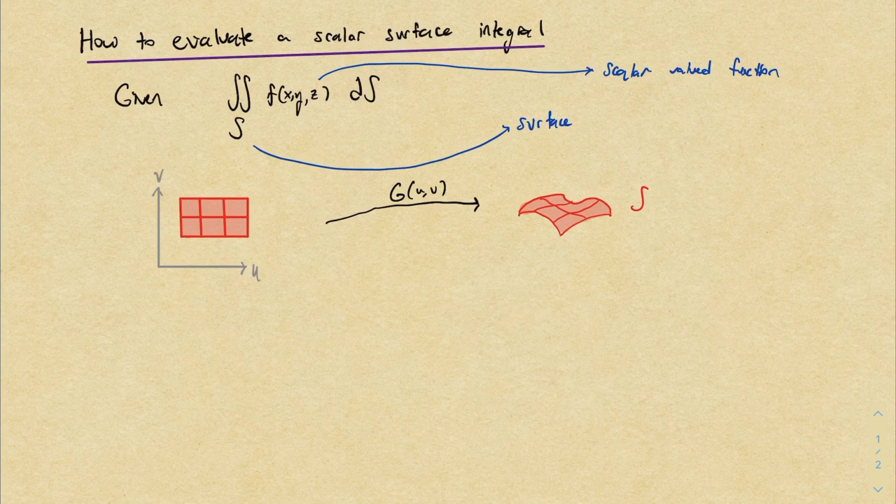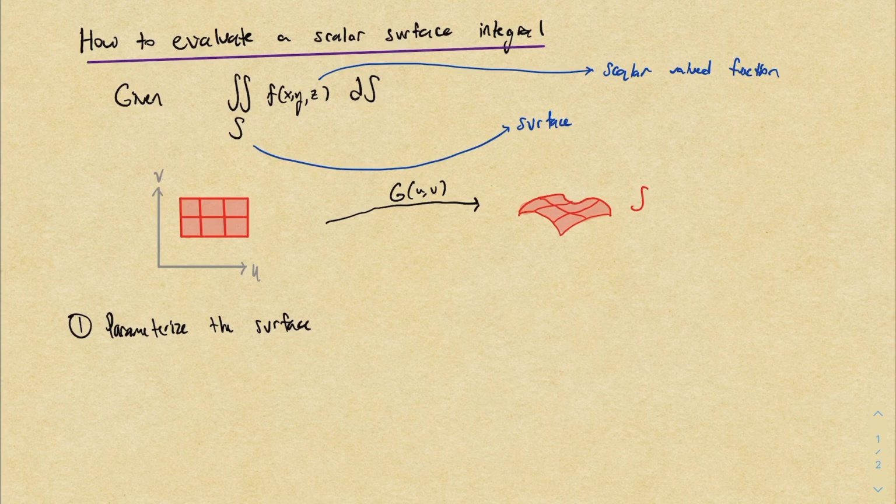Now, this process that I just described is exactly parameterizing the surface. This time around, parameterizing looks a little different than in the one-dimensional case because with a curve, you only need one parameter to describe a one-dimensional thing. But with a two-dimensional object like a surface, you need two parameters.